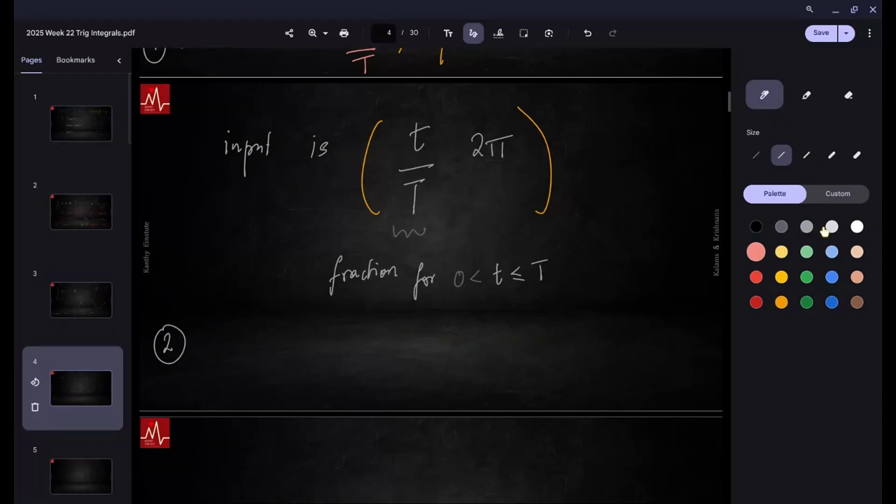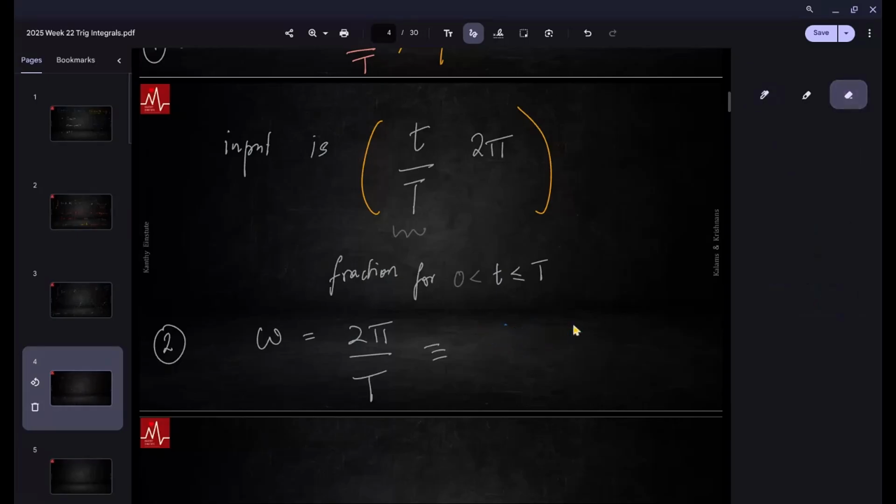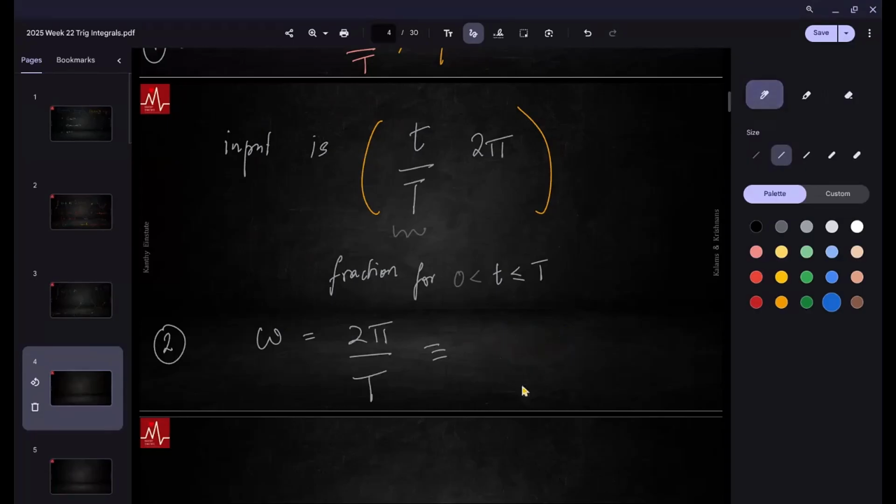As I said, omega is 2 pi by t. This actually corresponds to distance by time. The angular distance it travels in one time period is 2 pi, right? So what is the speed? Angular speed: it travels 2 pi radians in a time period of t.